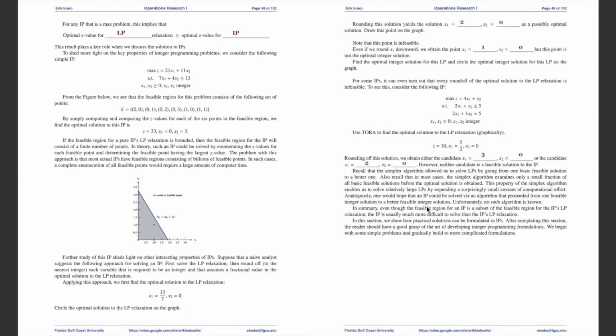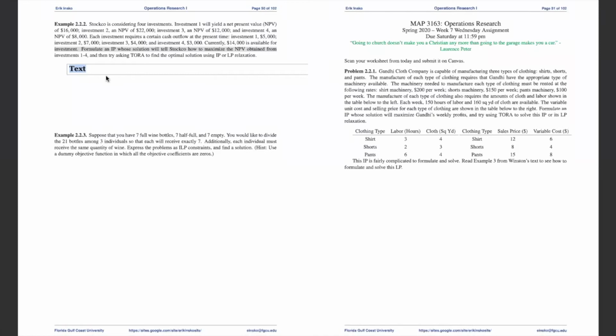So let's look at some more examples on the next page and see how to actually formulate those, and we can use integer programming. The first problem gives us an option of buying stocks and then having a return on the stock.